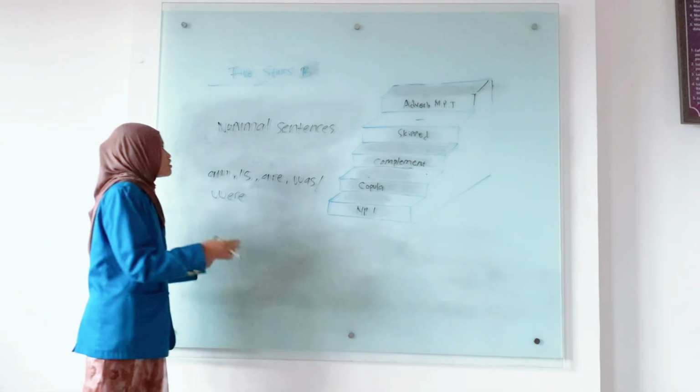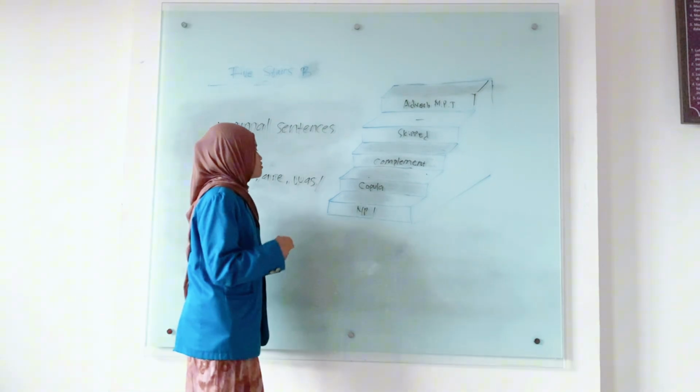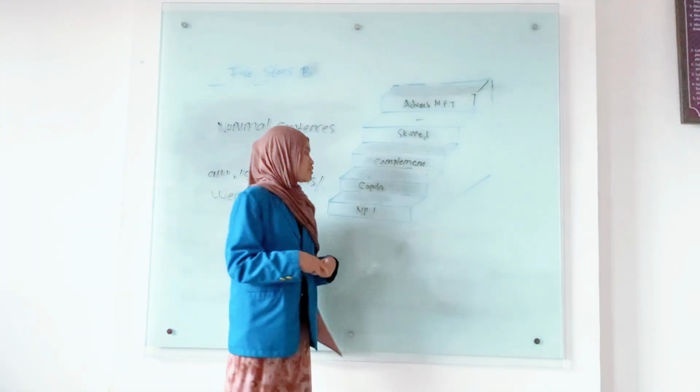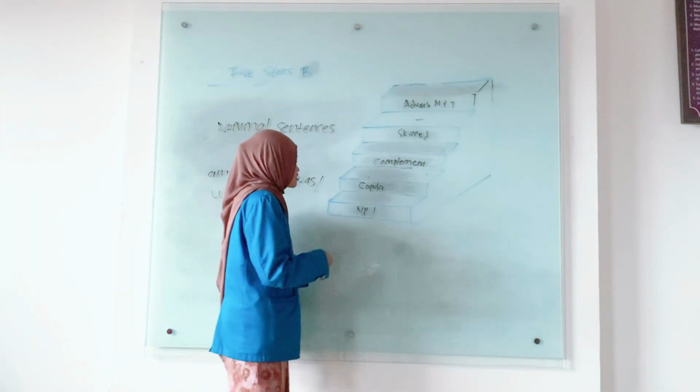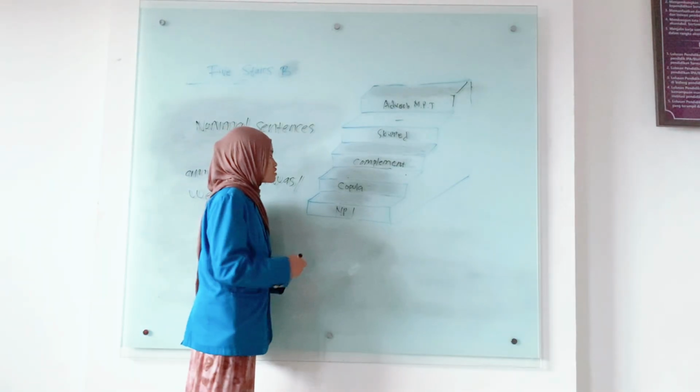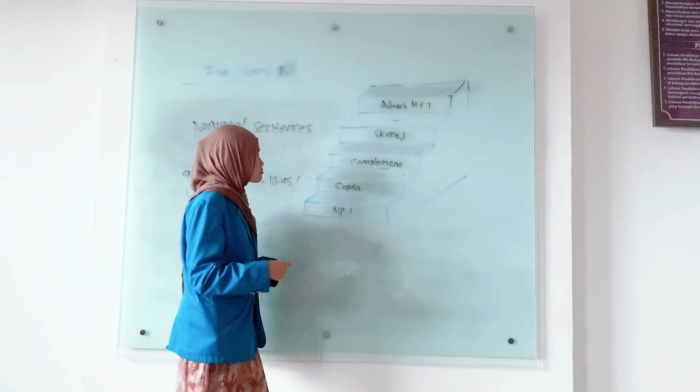And in this stairs B, the 5 stairs are also arranged step by step. Stairs 1, same as before, is NP1 or the subject. Stairs 2 is copula. This is a linking verb.